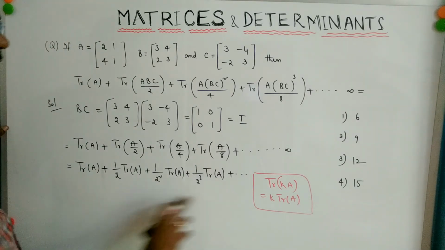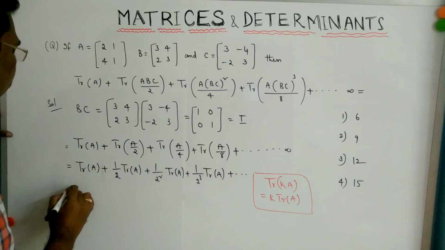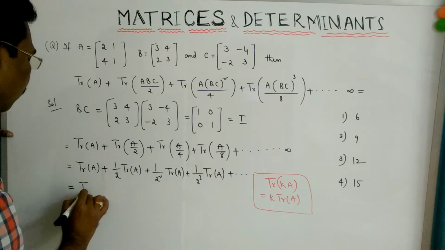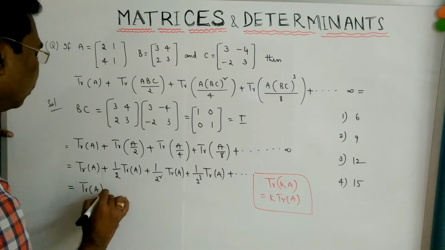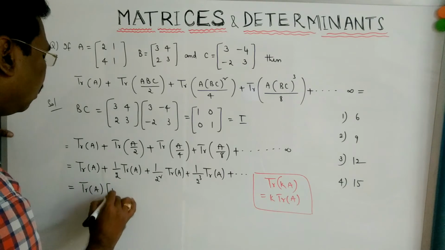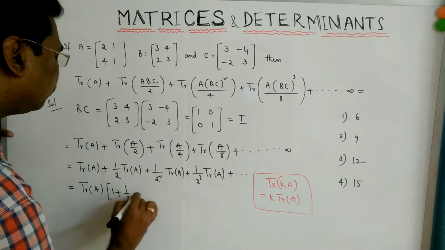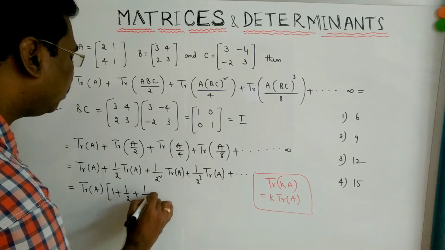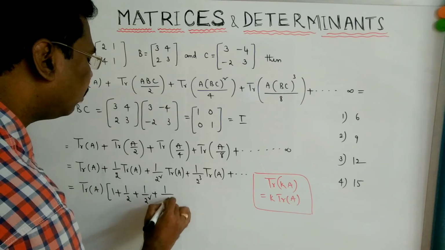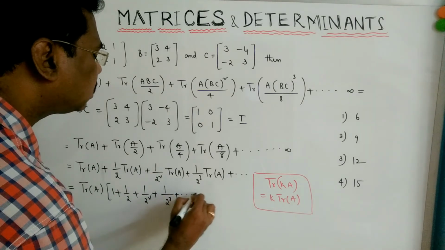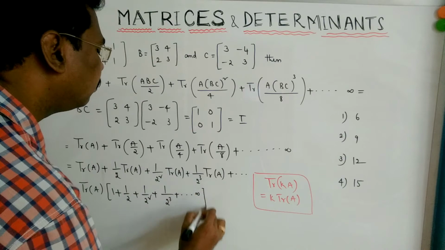Okay, now trace of A is common: 1 plus 1 by 2 plus 1 by 2 square plus 1 by 2 cube plus up to so on infinity.